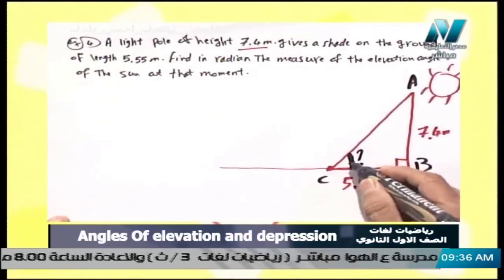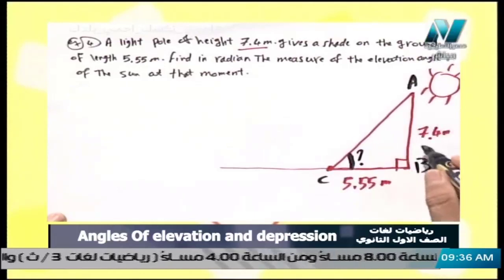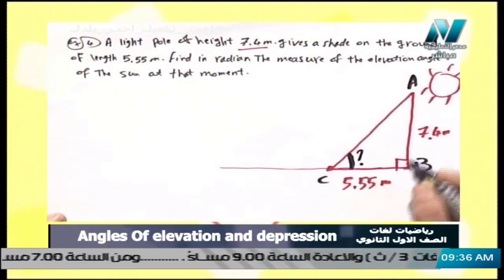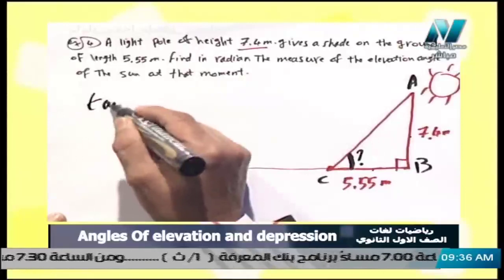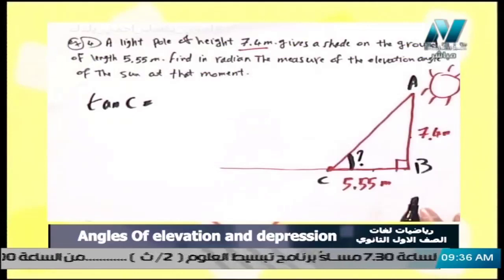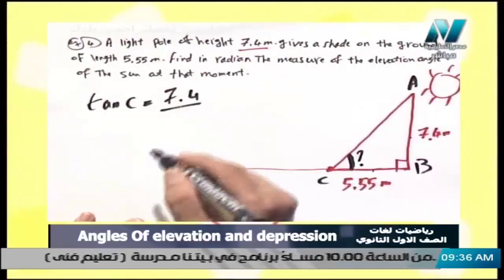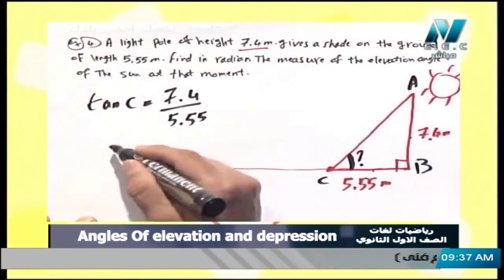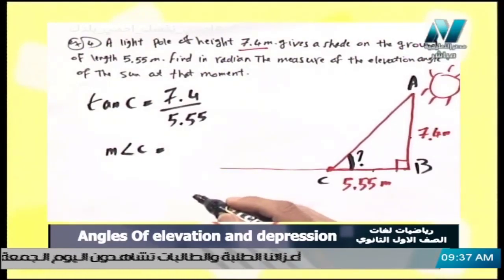This angle here is the angle C, and we have the opposite side, which is 7.4, and the adjacent side, which is 5.55. So opposite and adjacent, it's easy to use tan. Tan of angle C equals 7.4 over 5.55. To find the measure of angle C, we will calculate it using the calculator.